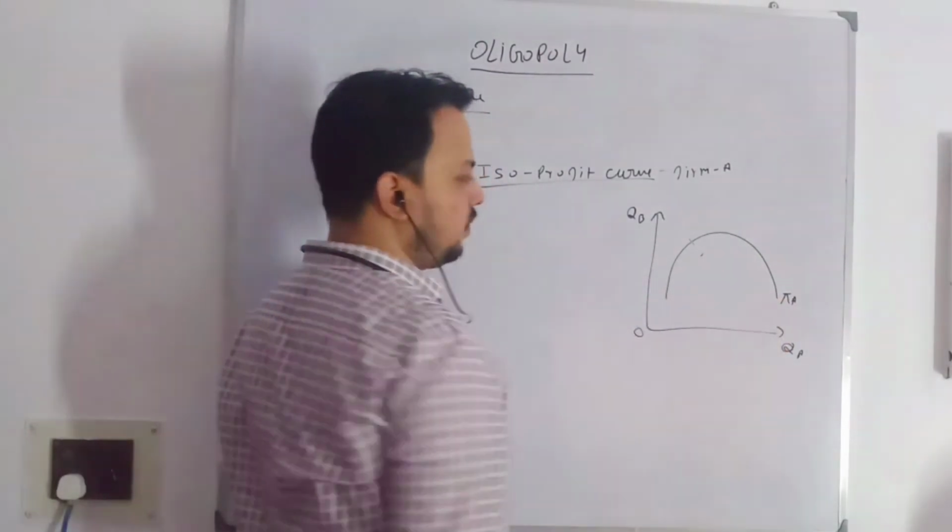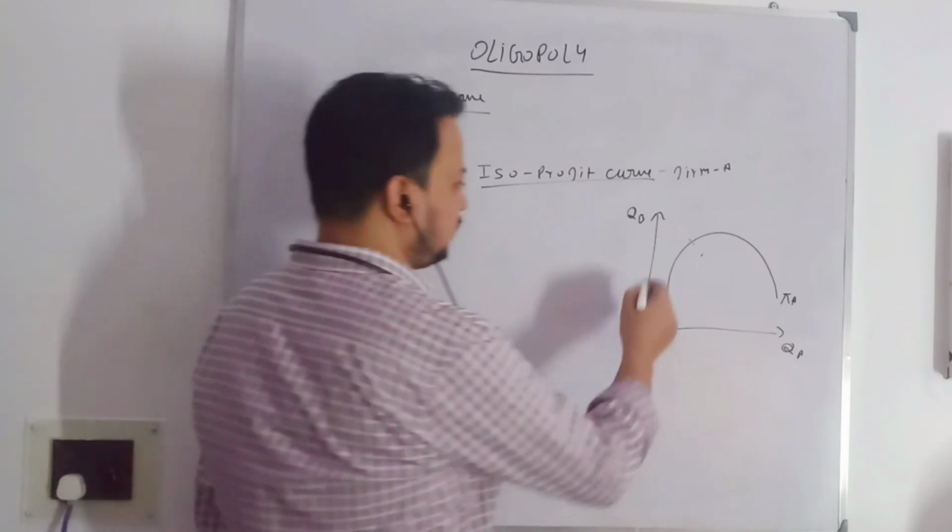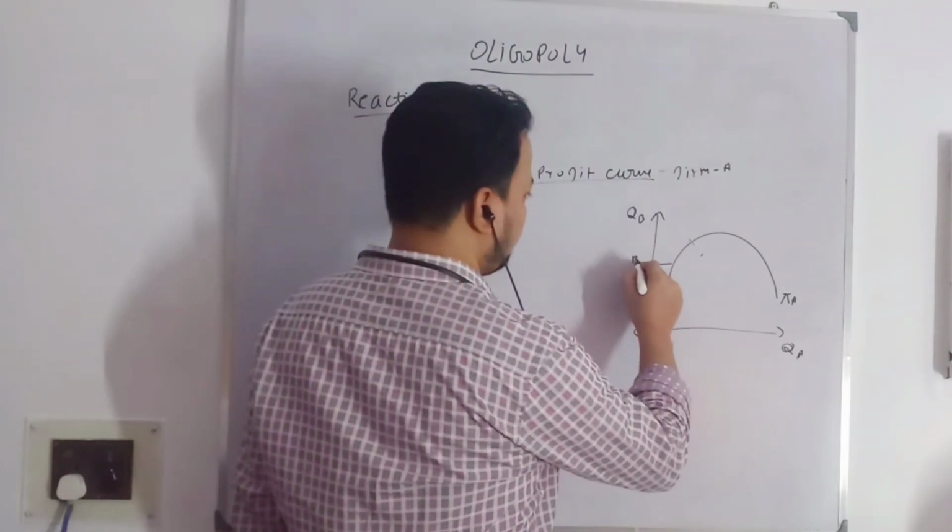So this is the isoprofit curve for firm A. Suppose firm B decides to produce B1 unit of output.